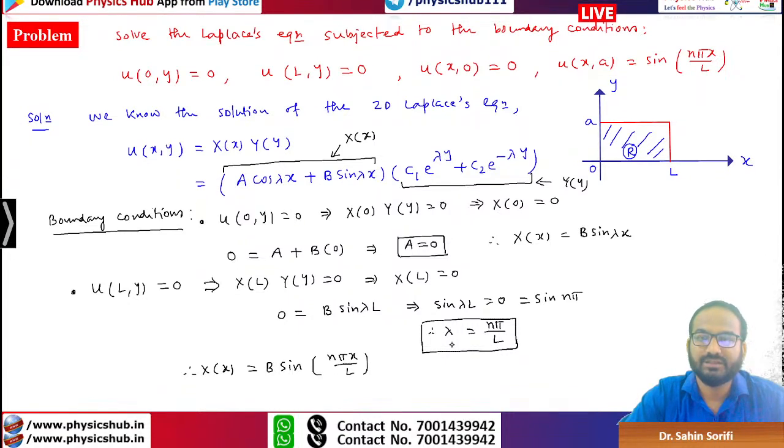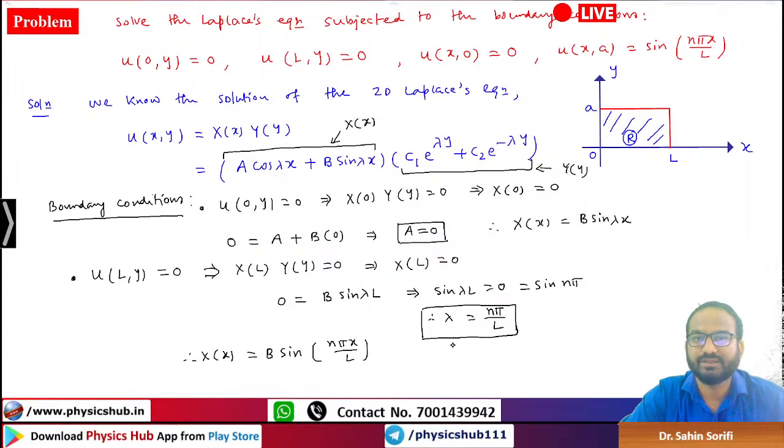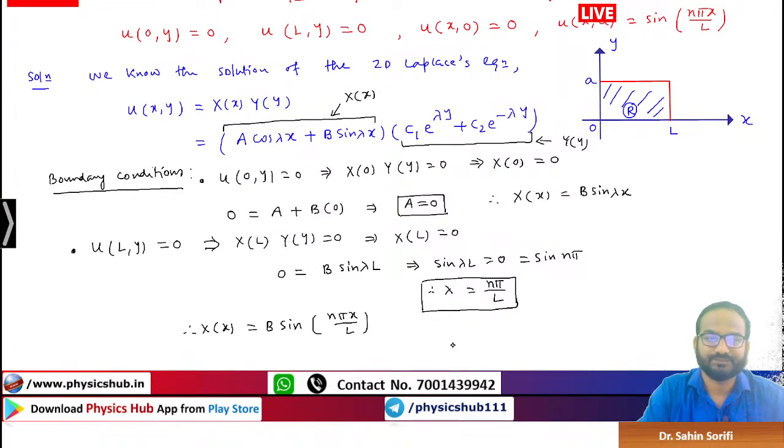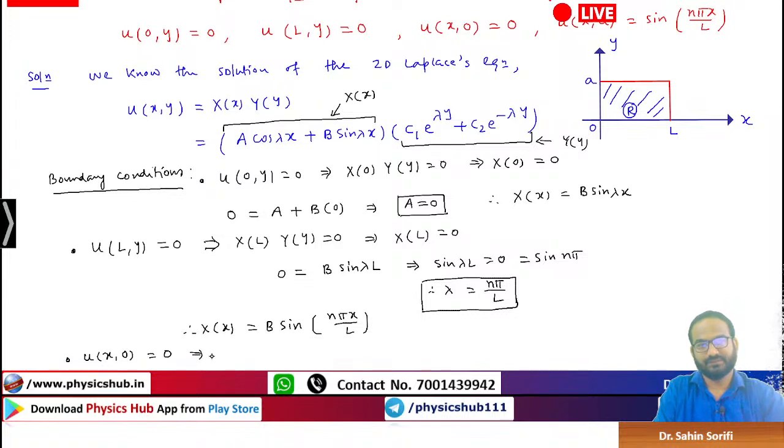So two boundary conditions we have used. Let's go for the third one, that is u(x, 0) equals 0. It means X of x times Y of 0 equals 0. X of x is a variable, so Y of 0 will be equal to 0.